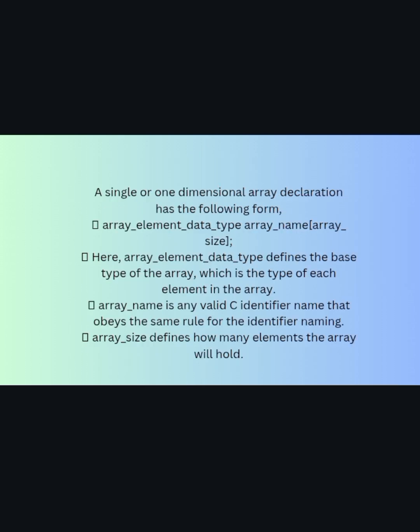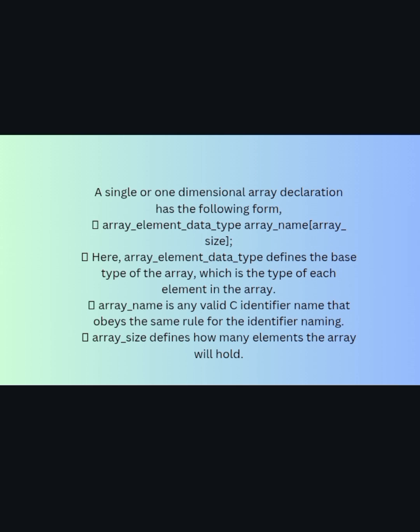A single or one-dimensional array declaration has the following form: array_element_data_type array_name[array_size]. Here array_element_data_type defines the base type of the array, which is the type of each element in the array.